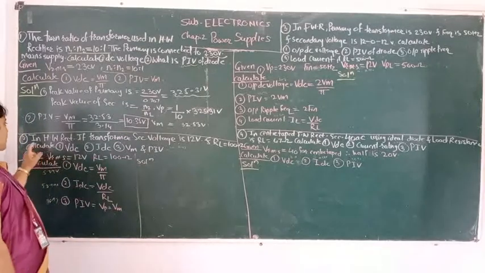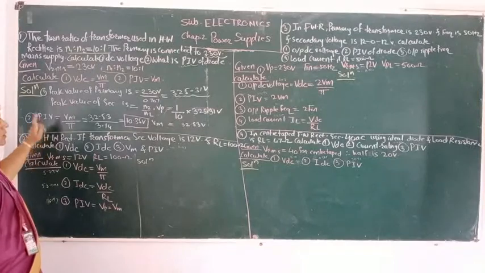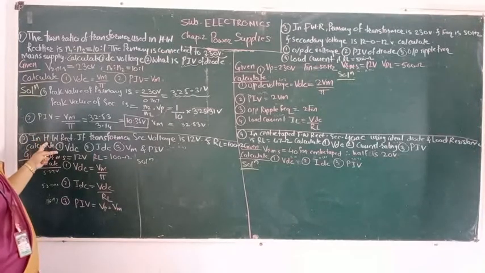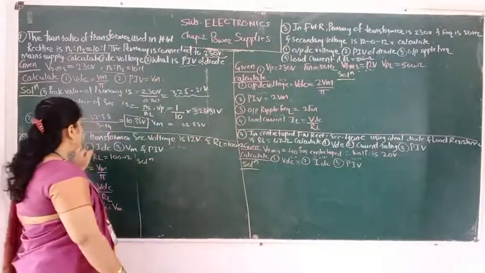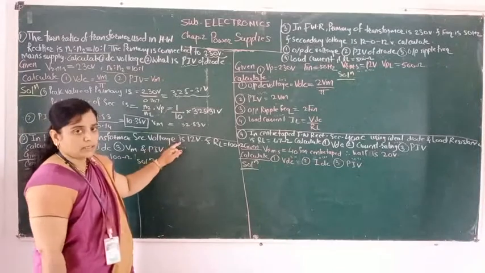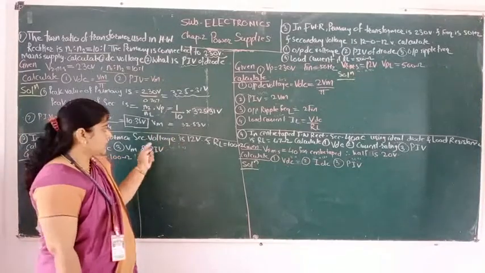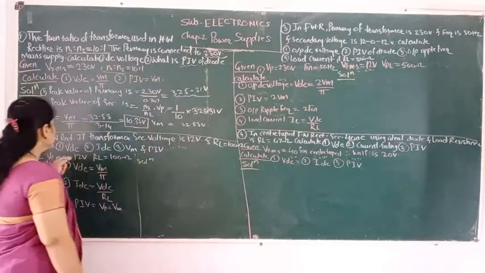Now come here. In the second example, in half wave rectifier, this is also for half wave rectifier, this is also for half wave rectifier. Here we have taken the full wave rectifier. Okay. In half wave rectifier, the transformer secondary voltage is 12 volt. What is given?